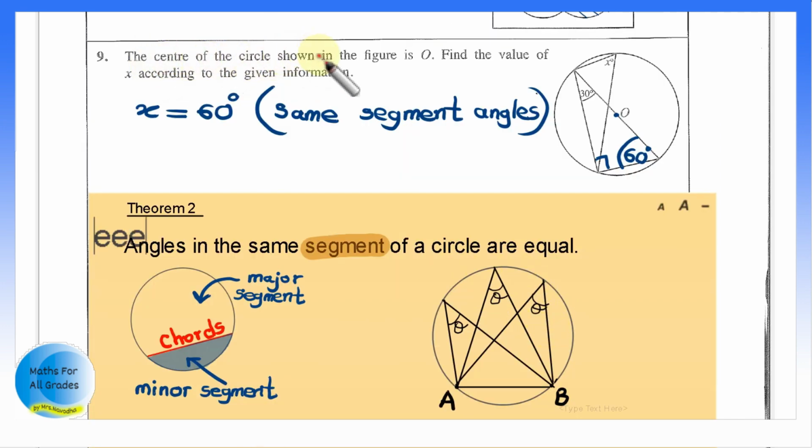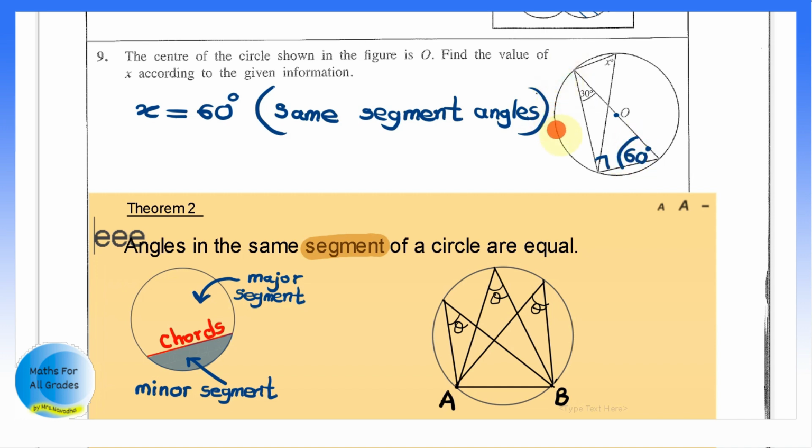The center of the circle shown in the figure is O. This is the center and this line is the diameter. According to the semicircle theorem, this angle is 90 degrees. Here they have given 30 degrees. 30 plus 90 is 120, so this angle is 60 degrees.